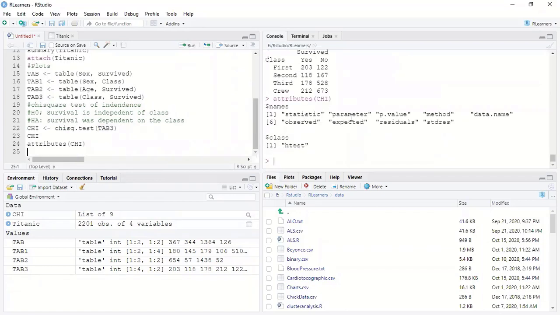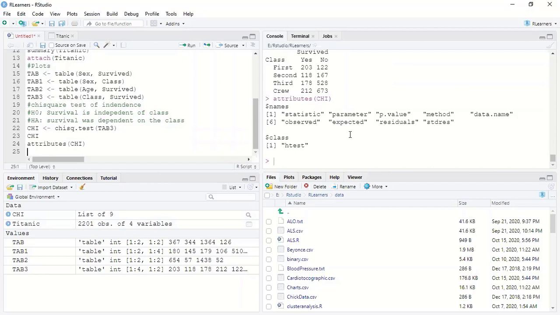So we have the statistic, the parameter, the p-value, the method. So we have the expected and the observed. You remember, if you have done a chi-square test by hand, it is the observed minus the expected over the observed. Or is it the expected minus the observed over the expected? I think something of that sort.